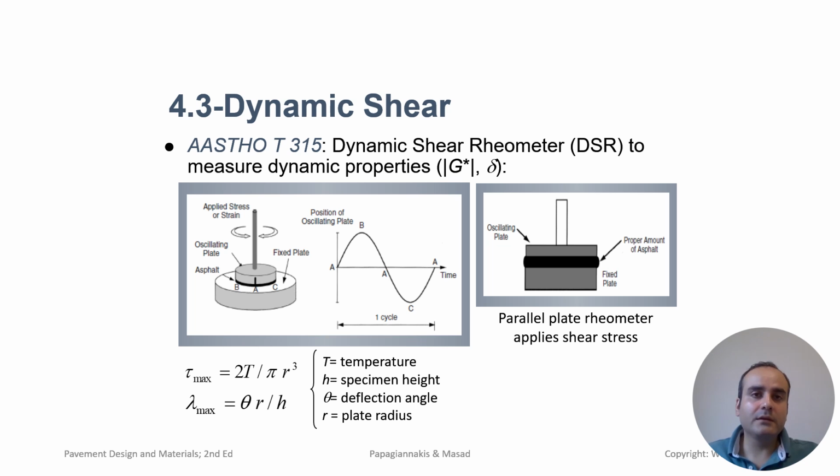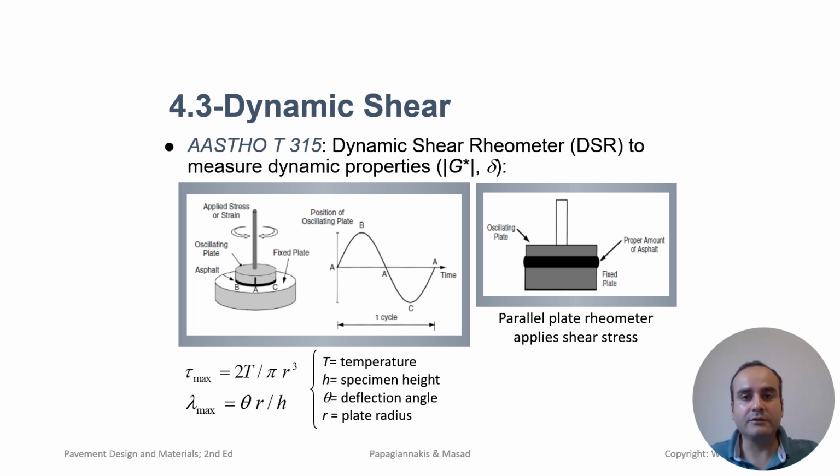There are different testing protocols. The common one, dynamic shear rheometer, DSR, is used to apply a sinusoidal stress or a strain to a thin layer of the asphalt binder over a range of temperatures and frequencies.